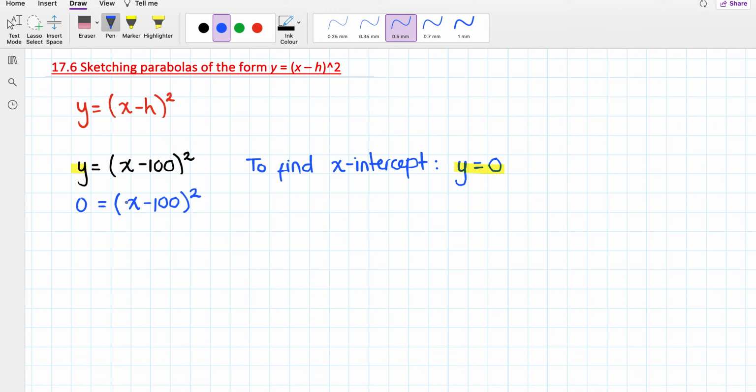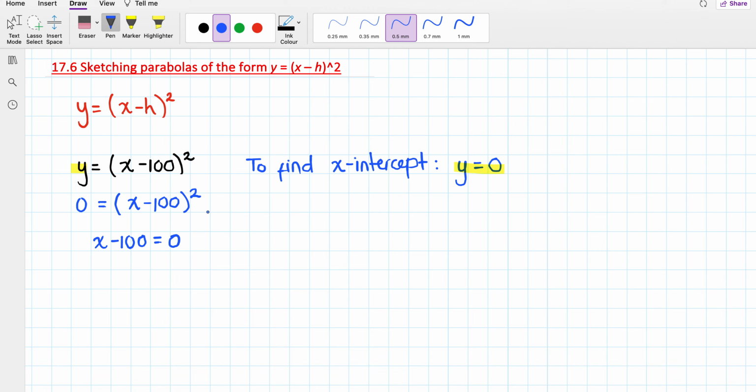What value does x have to have in order for this to be 0? So we just have to think, what number squared is going to be 0? So the only way that this can be true is if x take away 100 is equal to 0. Agree?